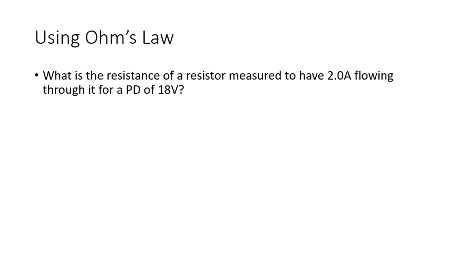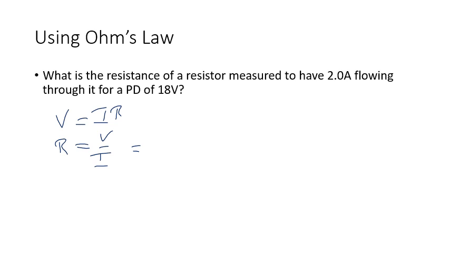What's the resistance of a resistor measured to have 0.2 amps flowing through it for a PD of 18 volts? Okay, so again, V equals IR. But this time we want to find R. That means we need R to be the subject of our formula. To get something on its own, you have to shift whatever things are with it to the other side of the equal sign, and when you take them to the other side, you do the opposite. So the opposite of multiplying by the current is dividing by the current, so voltage divided by the current.